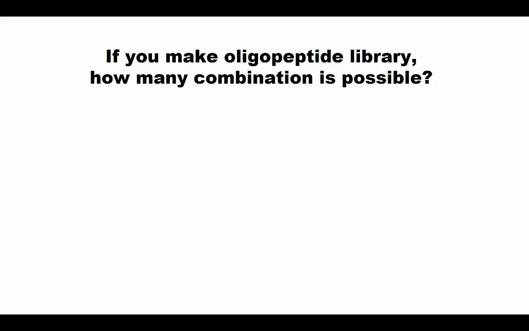So if you make these oligopeptides, let's try to count how many combinations you can make. The hint is your building block for peptide making is 20 amino acids, right? If you make a dipeptide, 2 amino acids connected together, how many combinations can you make? That's 20 by 20, it's 400.